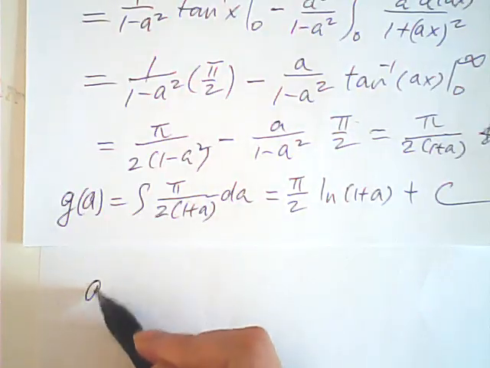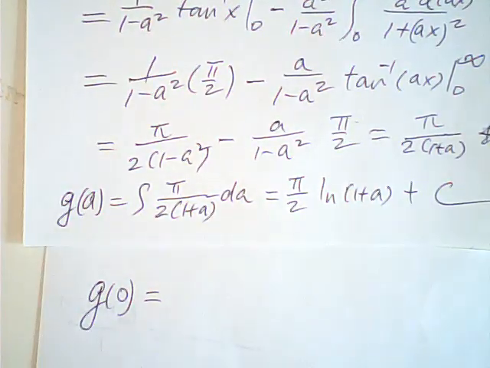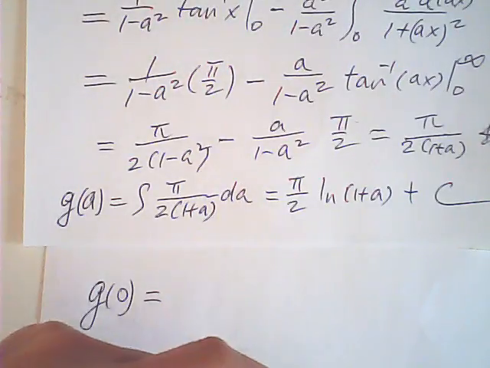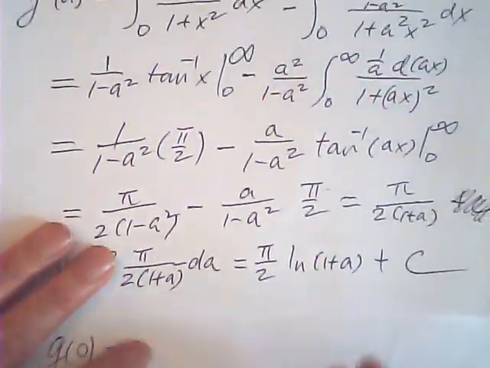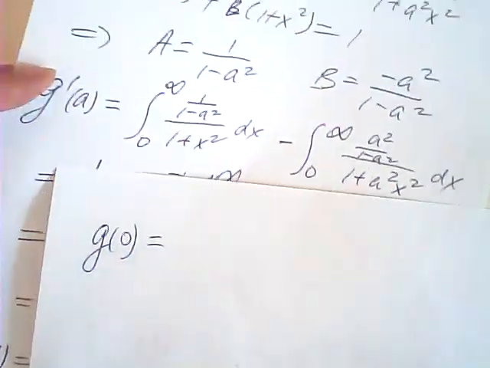So g of 0 is... too many papers. Where is my g of 0? Here. Where's my g? Excuse me.